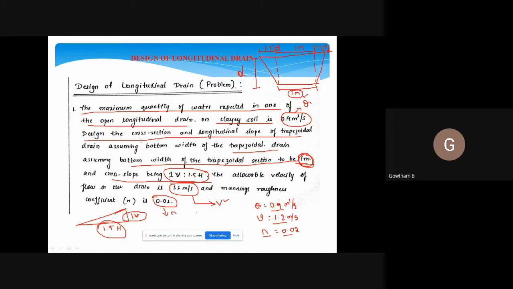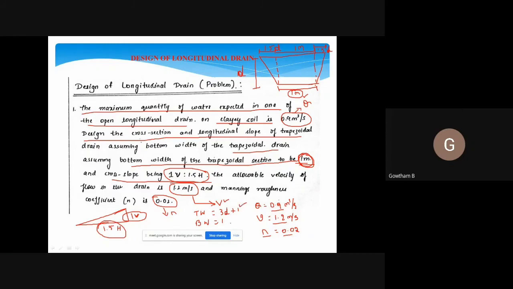Now, my question is, what is the total top width and what is the total bottom width? So the top width will be 1.5D plus 1.5D plus 1. Therefore, that will be equal to how much? 3D plus 1, or 1 plus 3D. And the bottom width is equal to how much? 1 meter.